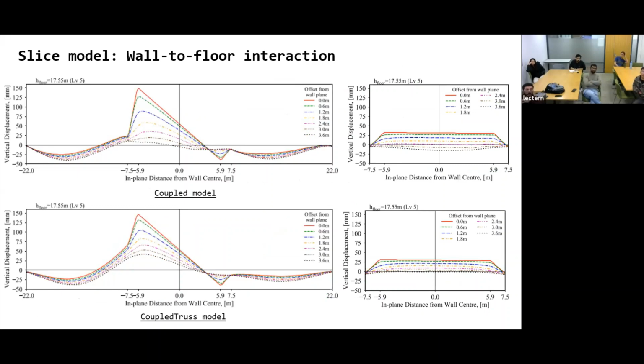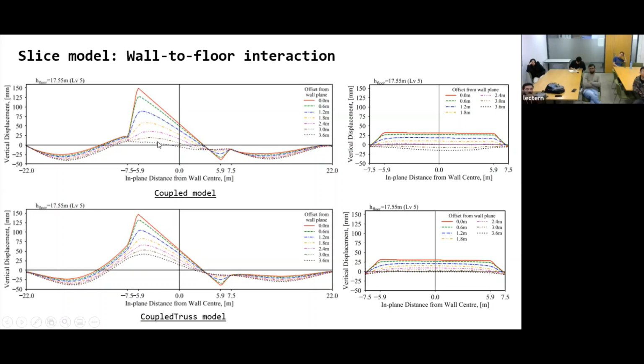And then I model the floor. So this is like a contour map of the floor, and the red one is the wall plane. The further away I go perpendicular to the wall, the less deformation I have.